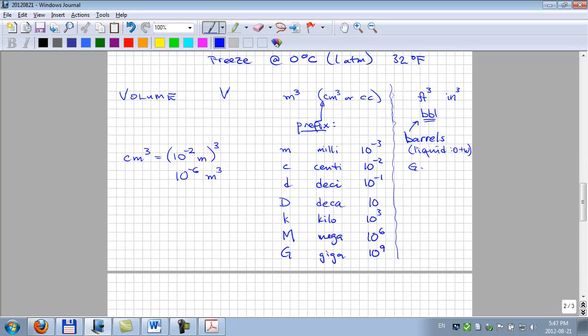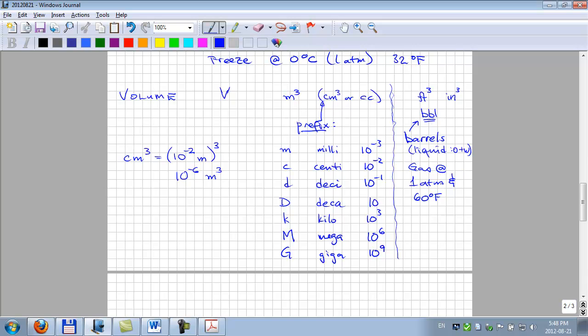But for gas, volumes are almost always reported at standard conditions: 1 atmosphere and 60 degrees Fahrenheit. It's kind of a standard.